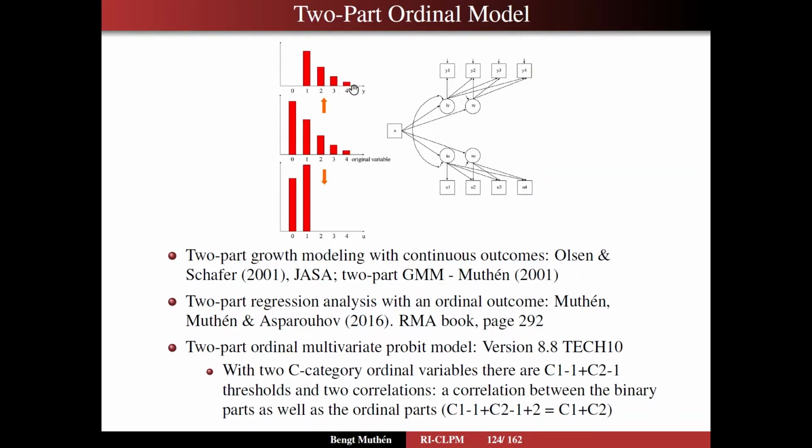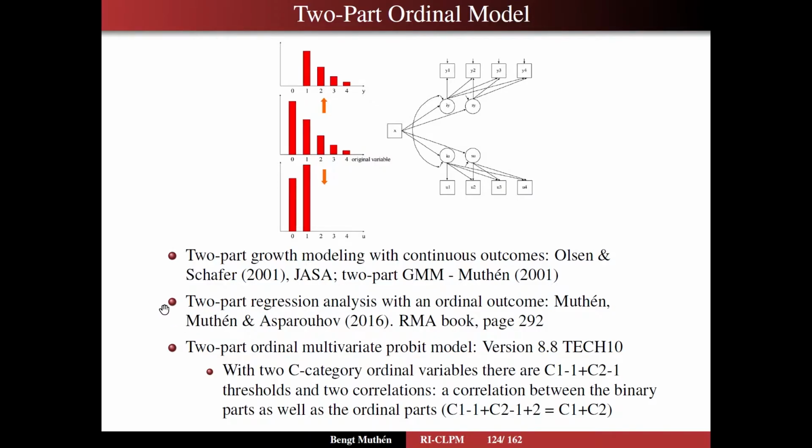For continuous variables, we call this the continuous positive part, although in this case it won't be a continuous part, but an ordinal part. Then you have 2 different models, one for the continuous part and one for the binary part here. And 2-part growth modeling was introduced by Olsen and Schafer in 2001 in the Journal of the American Statistical Association. And I've looked at that in the context of growth mixture modeling in an early paper.